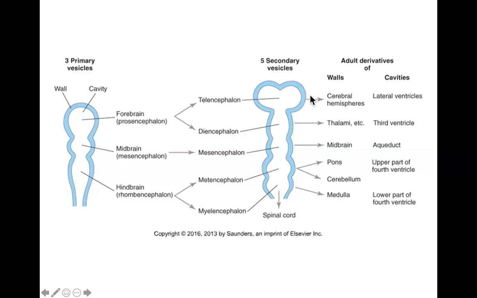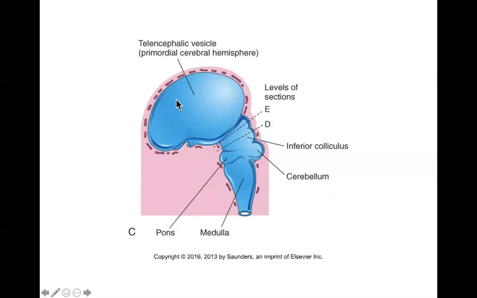That secondary outpouching on the top and to the front is called the telencephalic vesicle.